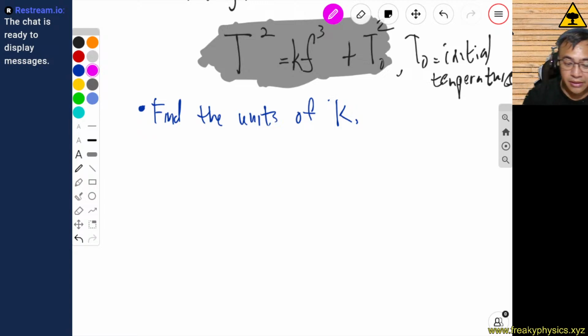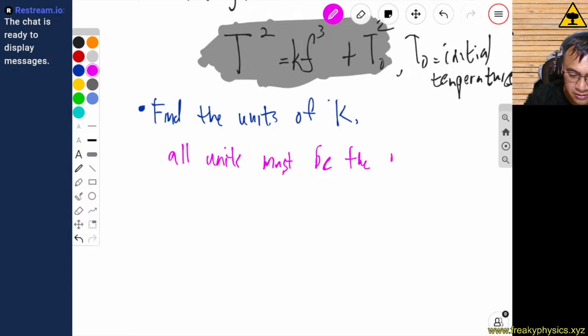Now, the key idea when you're testing for homogeneity is, again, all units must be the same. Yeah, so this is the key idea. Now, we're going to make this a bit more specific.